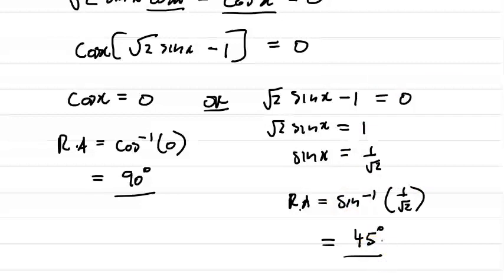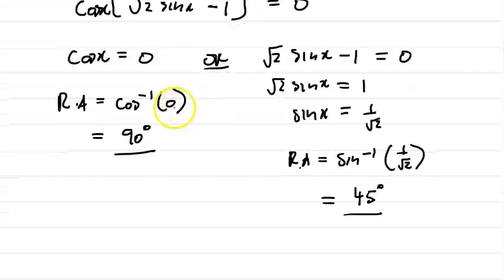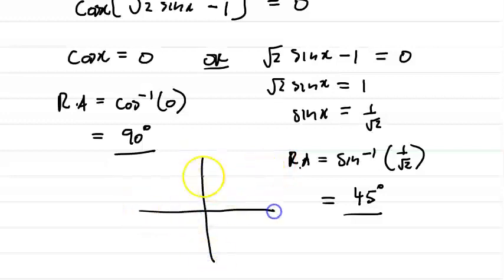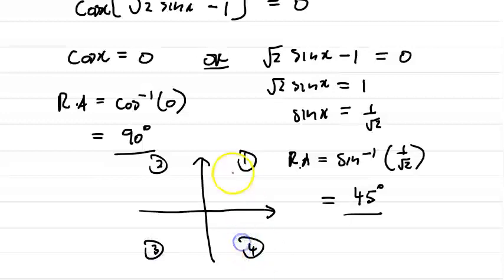Now our next step is very important. Watch very carefully, because we need to know our CAST diagram. The CAST diagram is as follows. That's your first quadrant, second quadrant, third quadrant, and fourth quadrant.